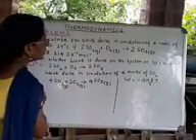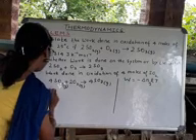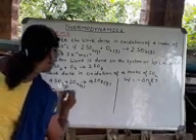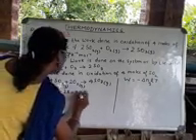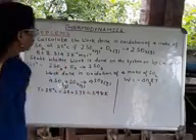Temperature is how much? 25 degrees Celsius. So temperature is 25 plus 273, which is 298 Kelvin.